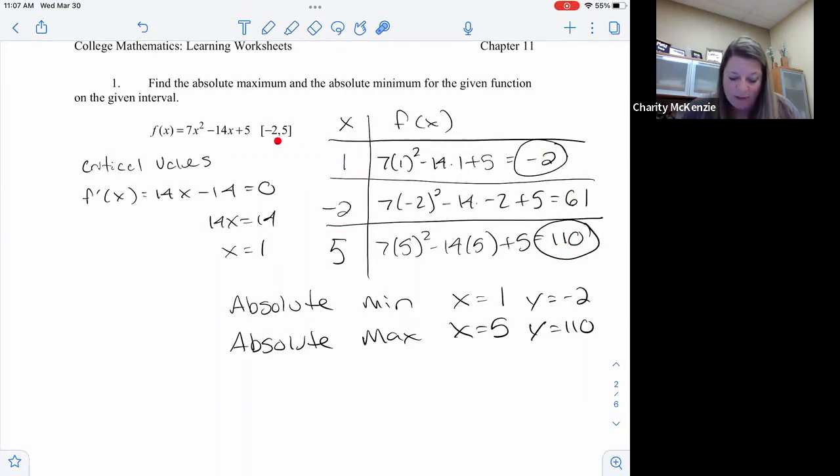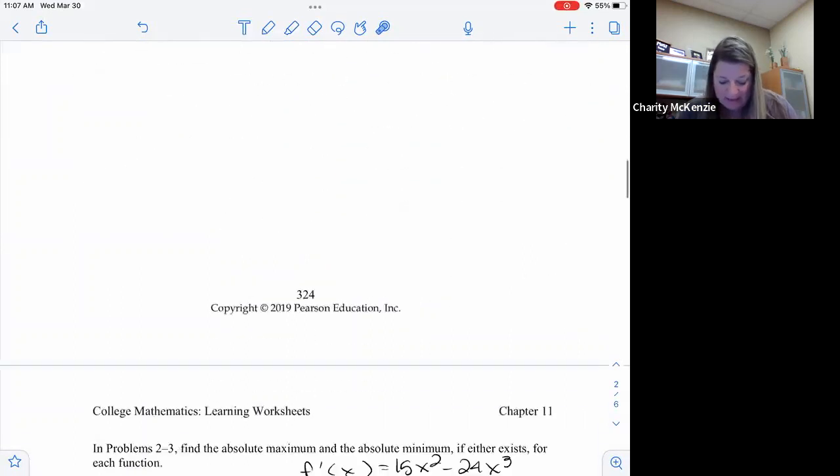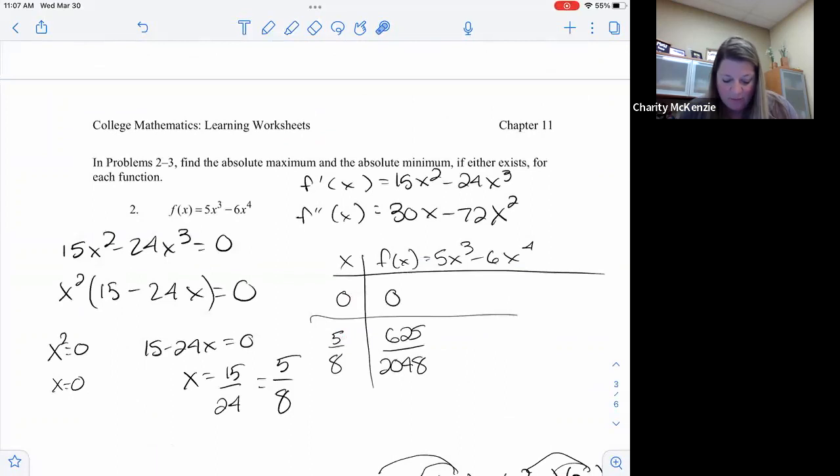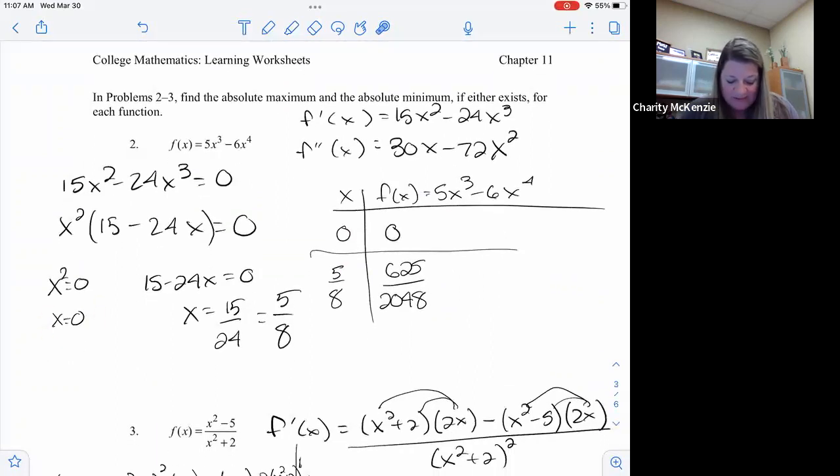We do that if we're given the endpoints. All right. If you're not given endpoints, you can only consider the critical value, which would just have been this one. Okay. So like this one here, we only had a critical value of 0 and 5/8. So we had 2 critical values, so we had to put those in and get the y's.